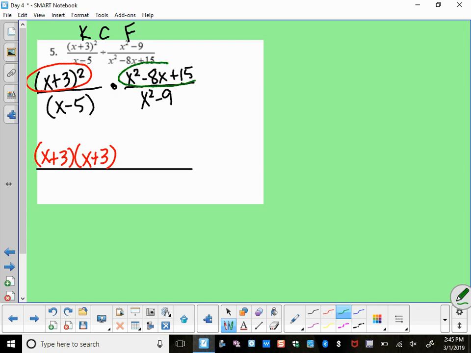Here I need to do my AM method. Two numbers that multiply to give me 15 and add to give me negative 8. 5 and 3, both are negative, right? So we have x minus 3, x minus 5.